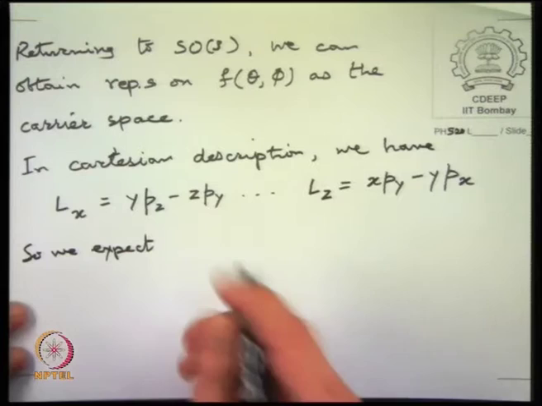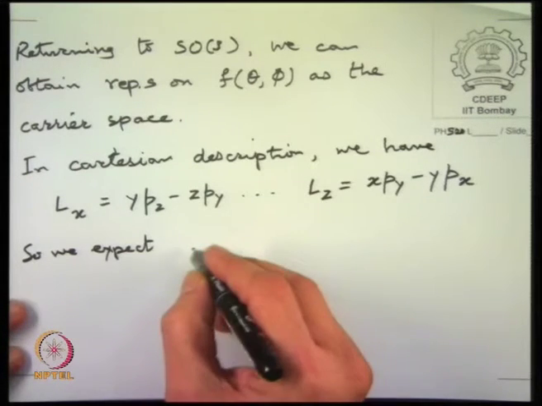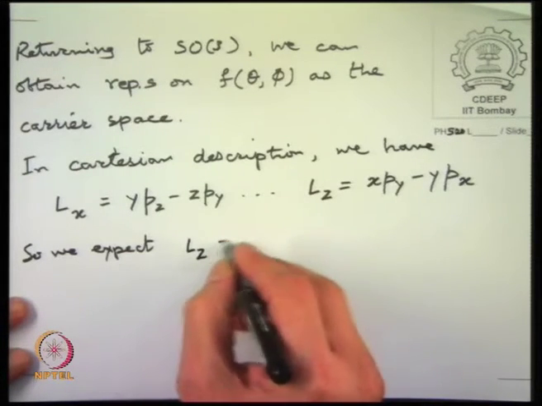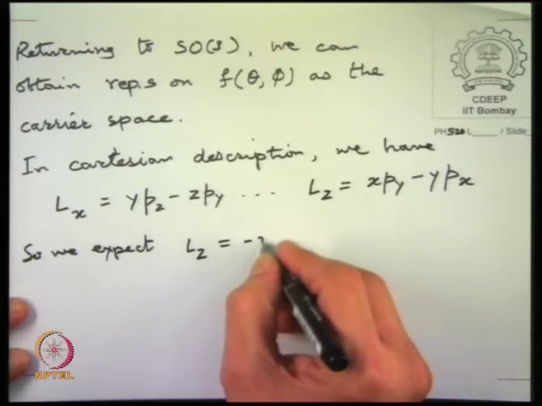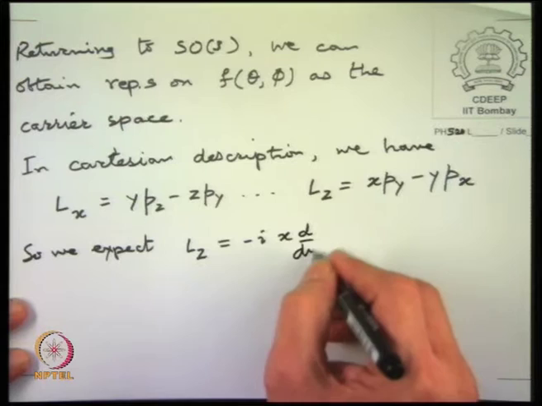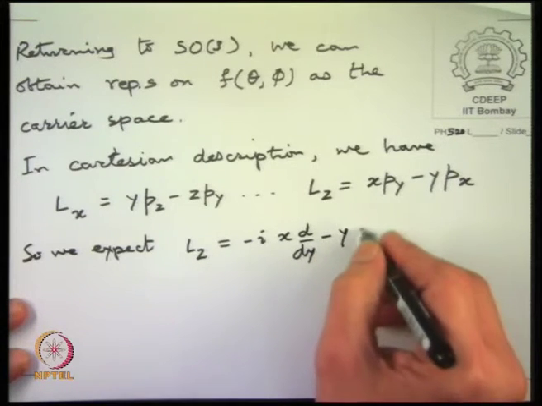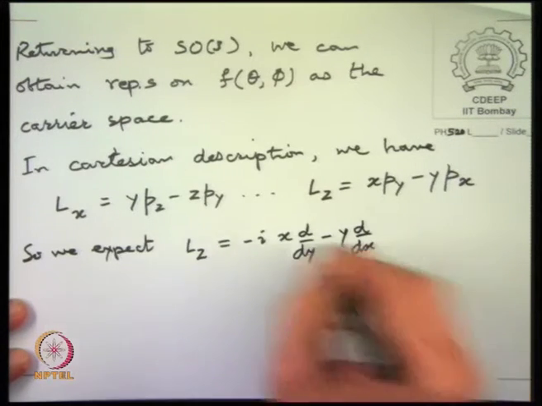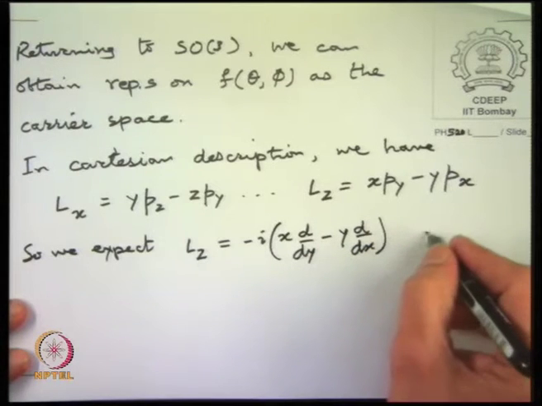So we expect that Lz will be equal to minus i x d by dy minus y d by dx, etc.